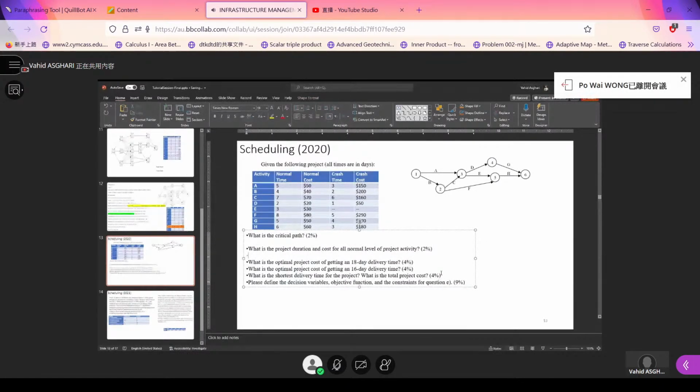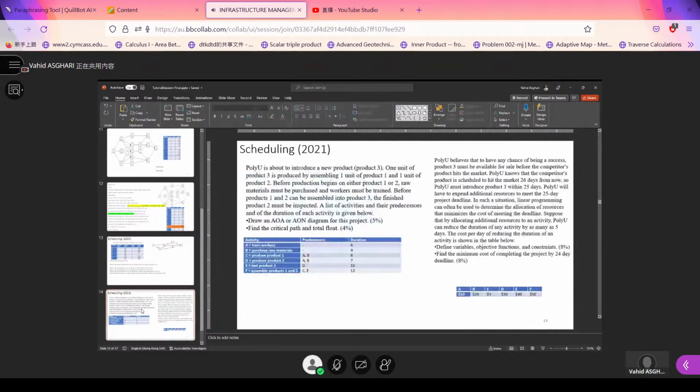Okay, again, we can do that. This is basically the same and nothing really different. In 2021, again, we had another scheduling problem. Again, the same, nothing serious, nothing new, and nothing to be afraid of.